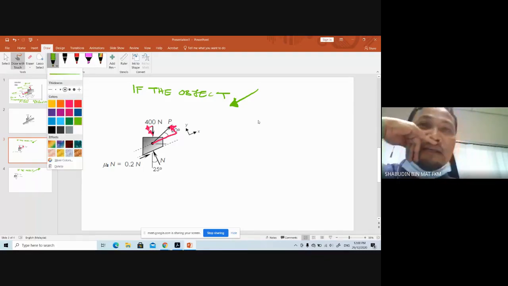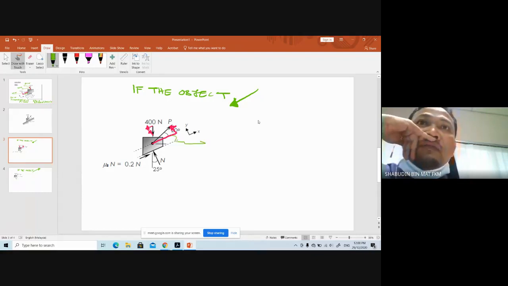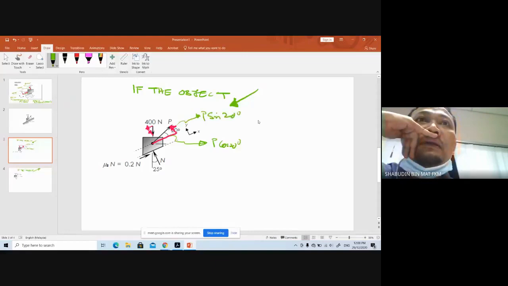This is component of P cos 20 degrees, that is a P sin 20 degrees.